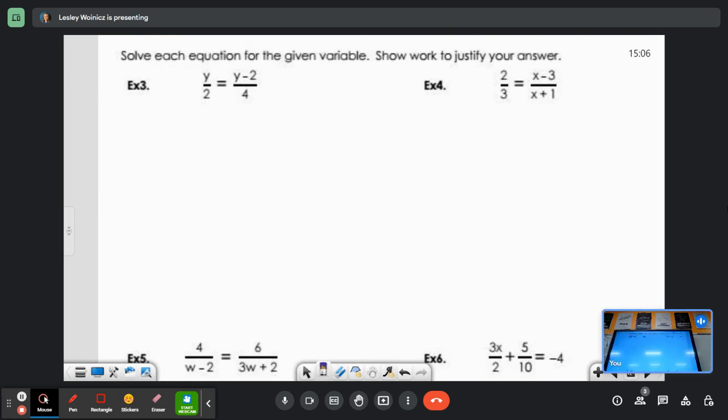Okay. So we can use cross multiplying when we're doing word problems. We can also just use it to solve proportions that are just equations. Do you see that I have two fractions set equal to each other? Okay. So I'm going to multiply on this diagonal with my 4 times my y.